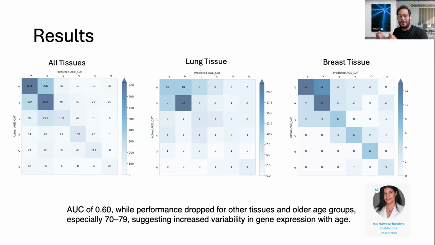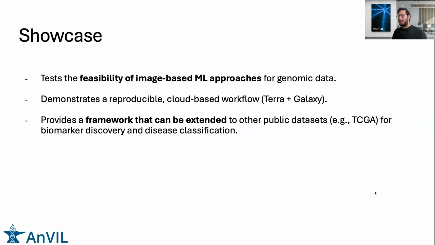So we are looking for references, publications that might give us guidance on how to group people by age, not by tens. But this is a really good experimentation to start our project. And this is the work done by Isis in our lab. And that's how we are developing this AnVIL project.